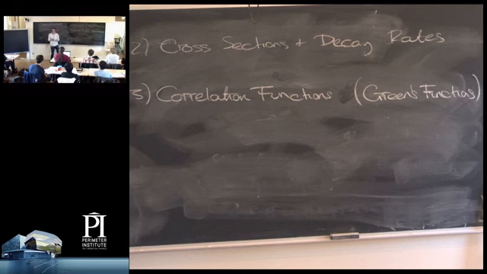Now, it's not at all clear what you should calculate in terms of scattering amplitudes. What you need is something more abstract, which is called a correlation function. A correlation function, also known as Green's functions, sometimes known as n-point Green's functions, are the following.